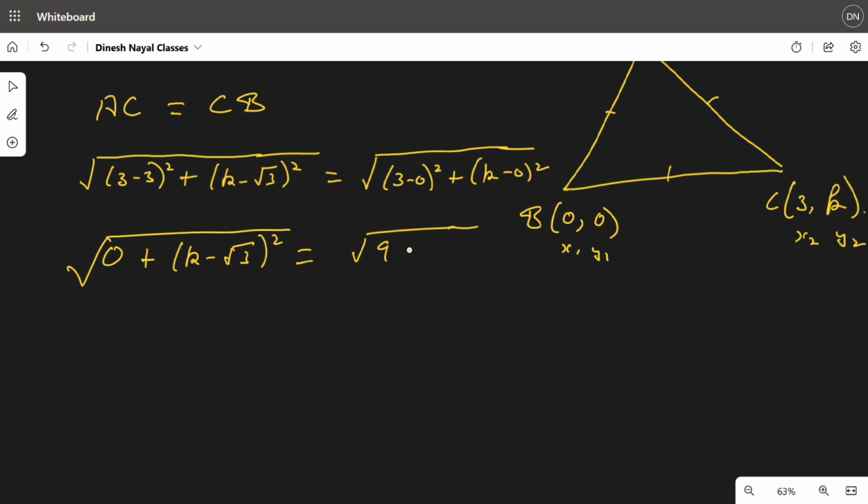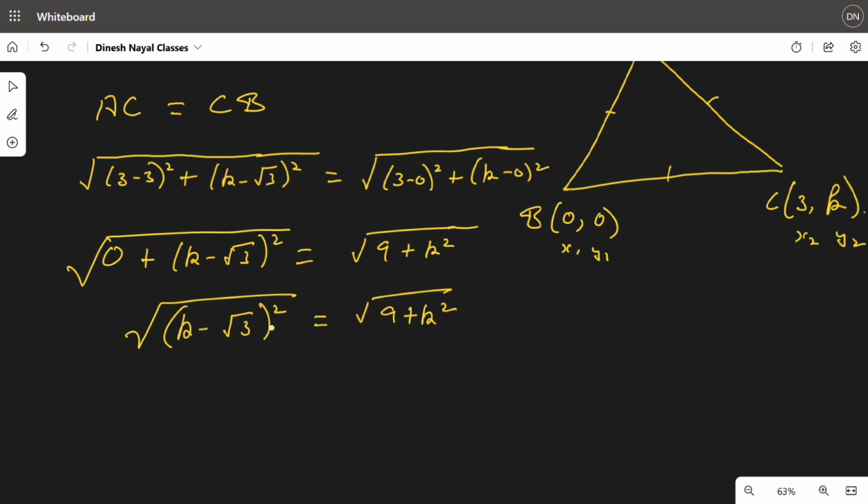Again k minus 0 will be k, so 9 plus k square. Now because this is 0, you can write k minus root 3 whole square under root equals under root of 9 plus k square.